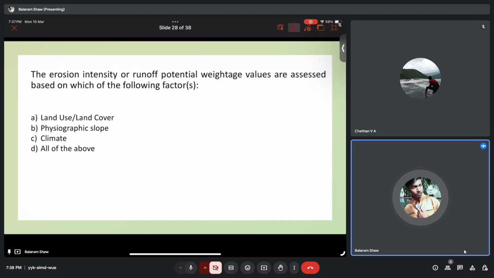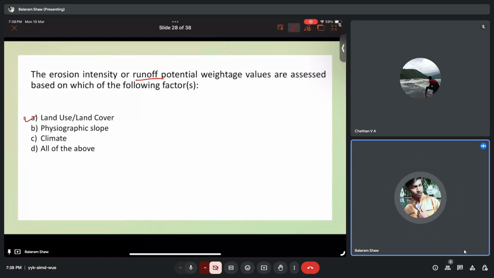So let's say if land use land cover changes, then the erosion intensity will change because the soil is changing. Not only that, but the runoff potential will also change. Let's say one land use is barren land, and then it is covered with roads or something like that, so it becomes impervious.